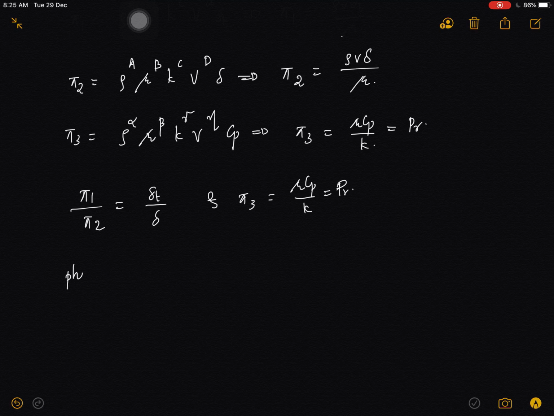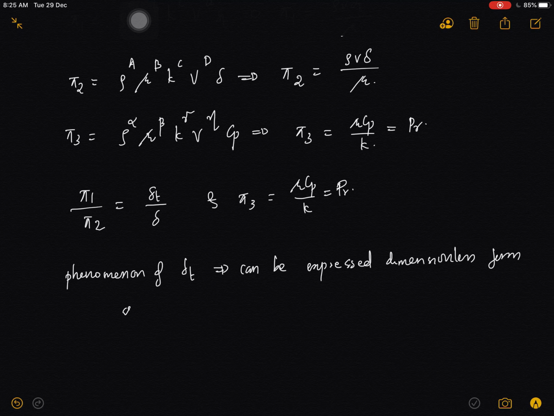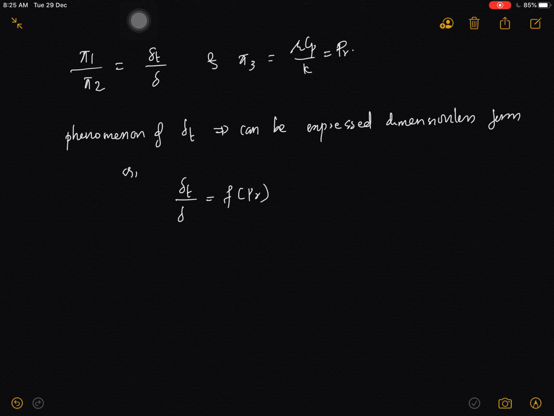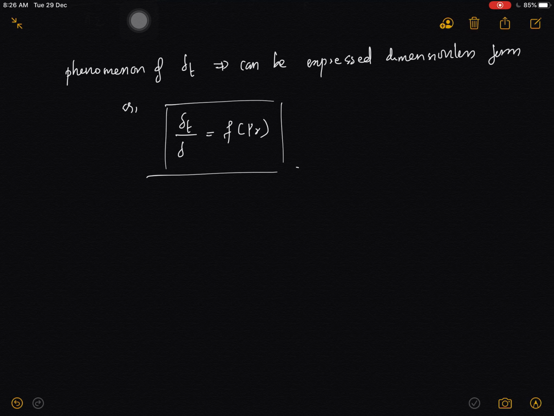So this phenomenon of delta t, the thermal boundary layer thickness, can be expressed in dimensionless form as delta t by delta is equal to a function of Prandtl number. So this is the dimensionless form of this particular thermal boundary layer thickness.